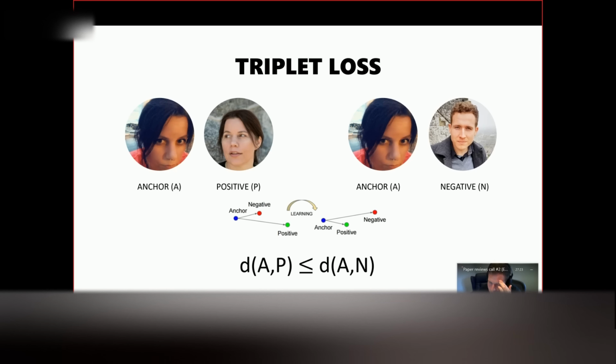So in math terms, it looks like this. If we move it to the other side, we see distance anchor to positive minus distance anchor to negative should be less than or equal to 0. Now, this is quite easy to satisfy. Think about that just for a second, how you would satisfy that. One way is to pick easy combinations. So what would satisfy this quite easily?